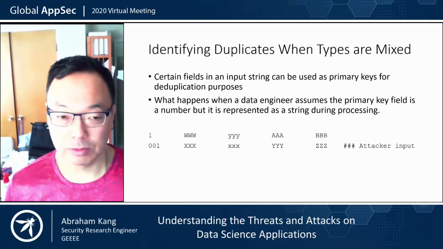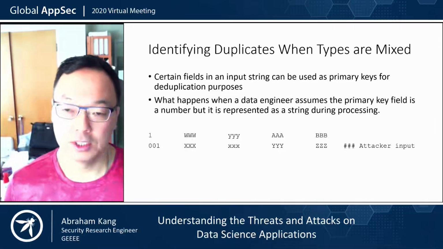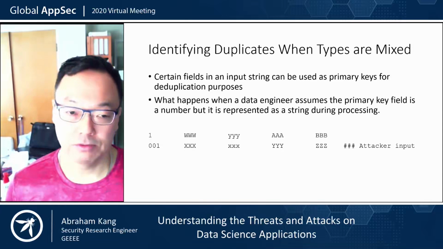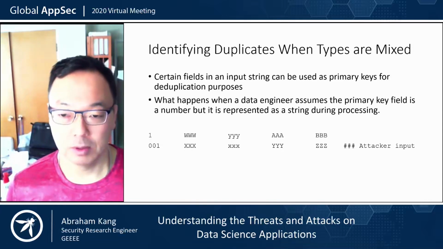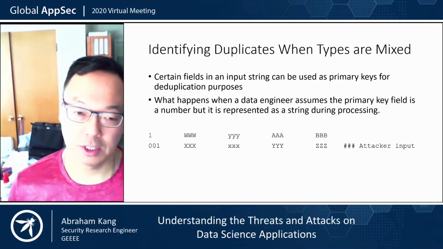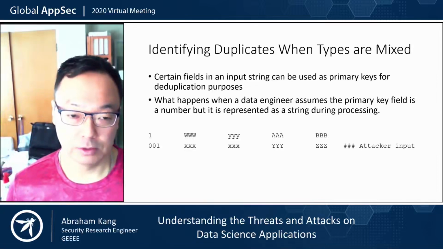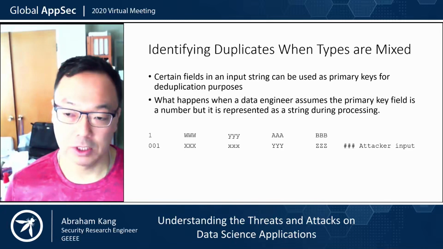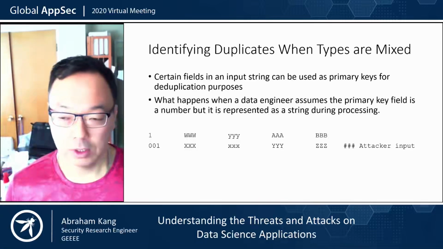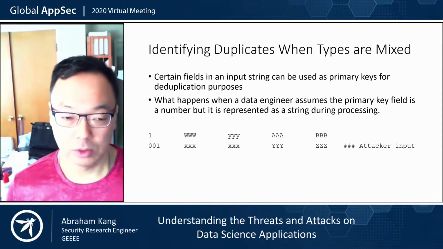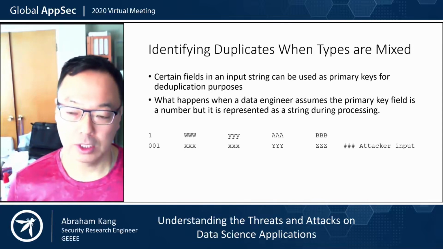However, there are problems that occur when a data engineer assumes that the primary key field is a certain type, but it is represented as a different type. In this case, the data engineer is assuming that the field is a number, but it's represented as a string.